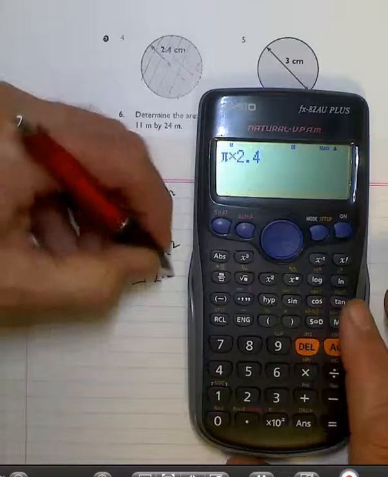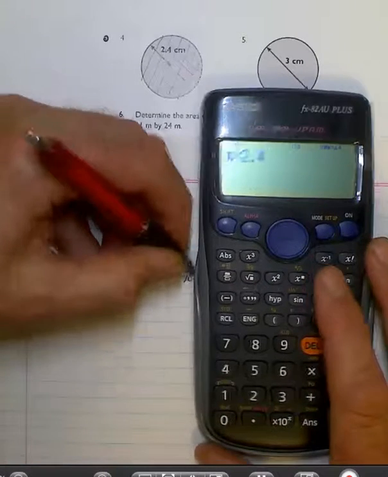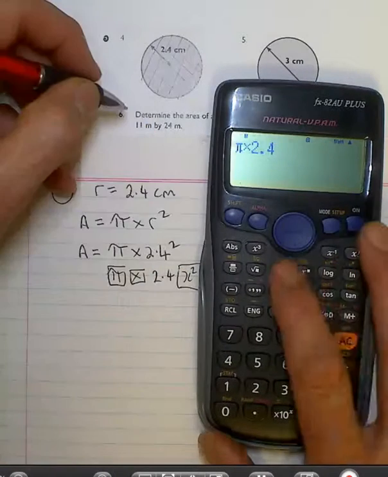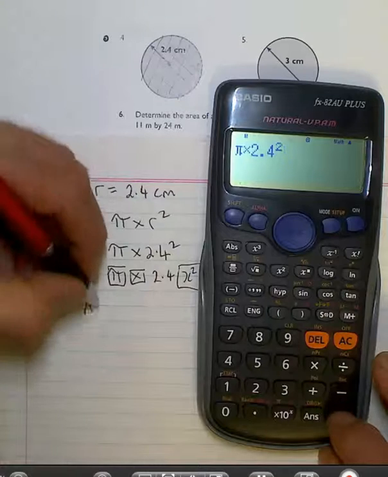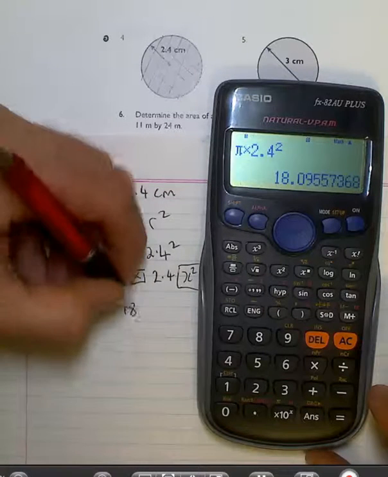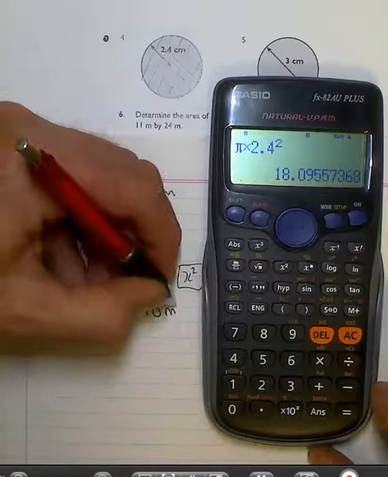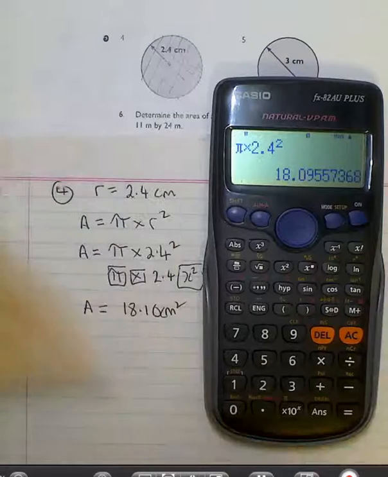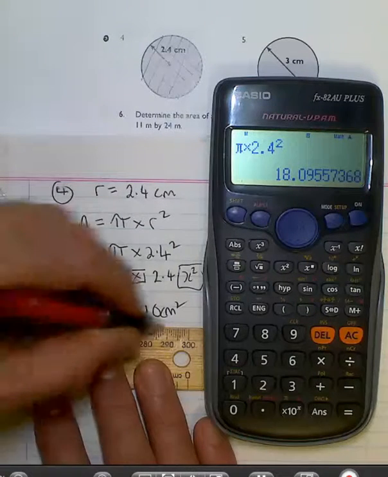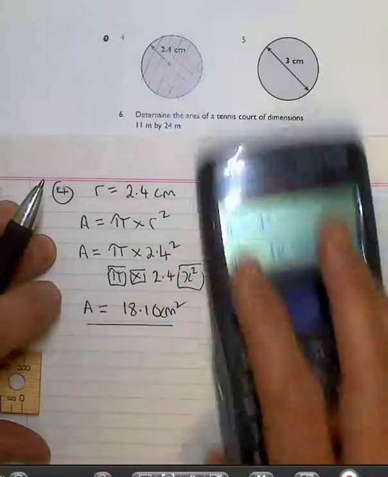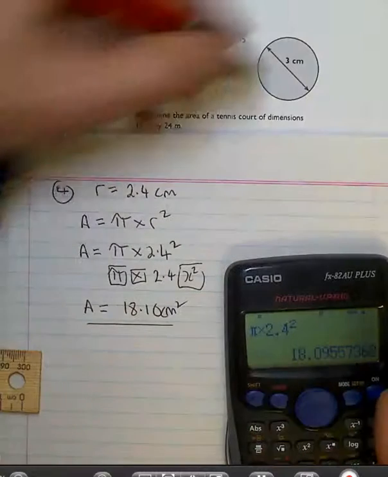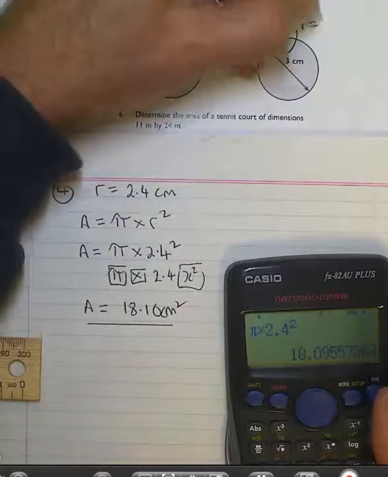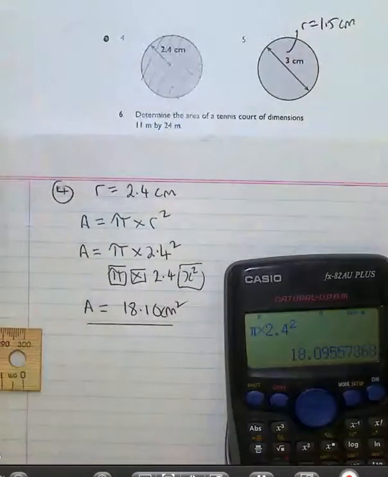So if I go 2.4 and press the x squared button, that squares it for me, finding the answer of 18.10 centimetres squared. Similar tactic can be employed for 5, but the radius in 5 is 1.5 centimetres.